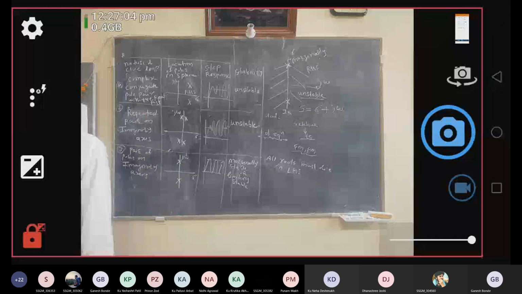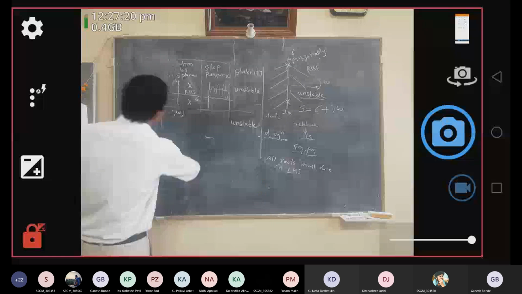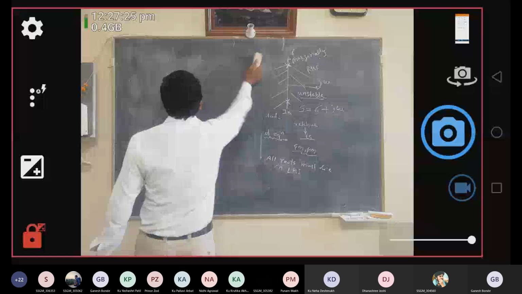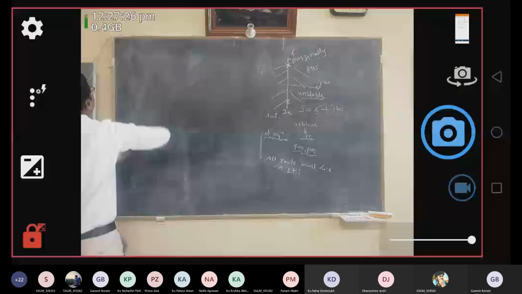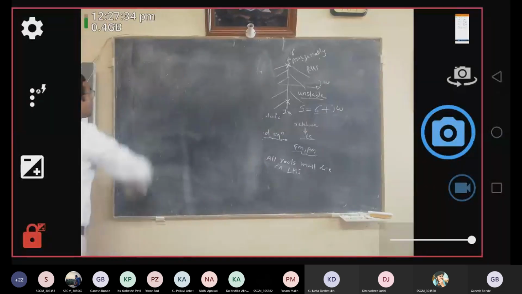Therefore, these two difficulties are removed by another method, the modified root method, whose name is the Routh Hurwitz criteria. Previously we saw only the Hurwitz determinant. Then the scientist Routh developed certain new rules and minimized those difficulties present in the Hurwitz determinant.